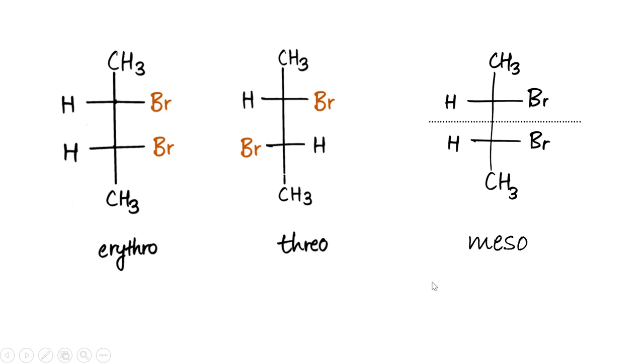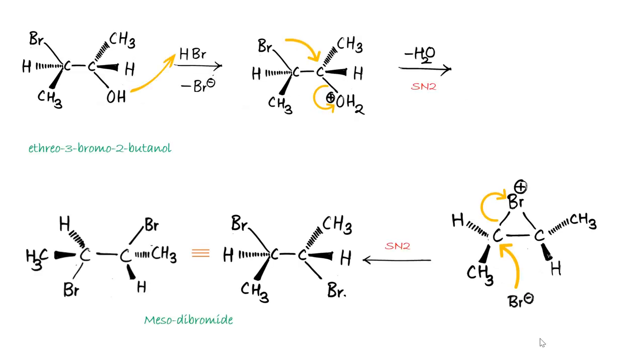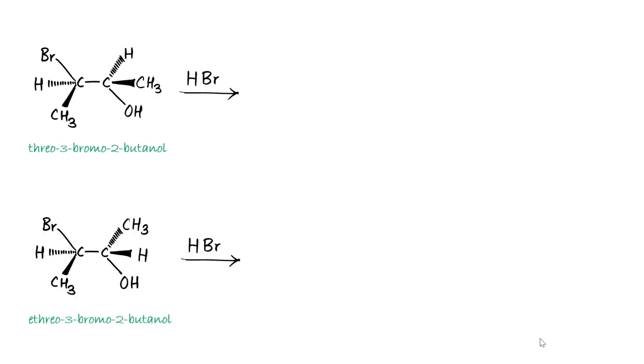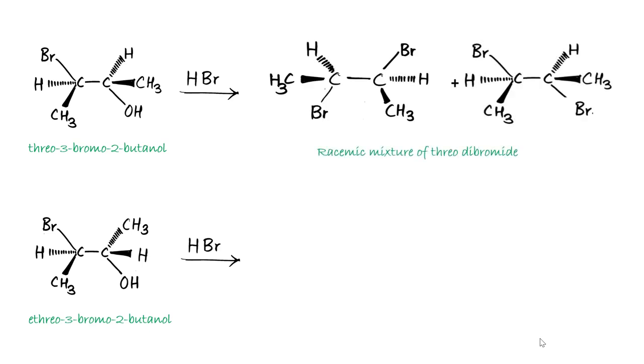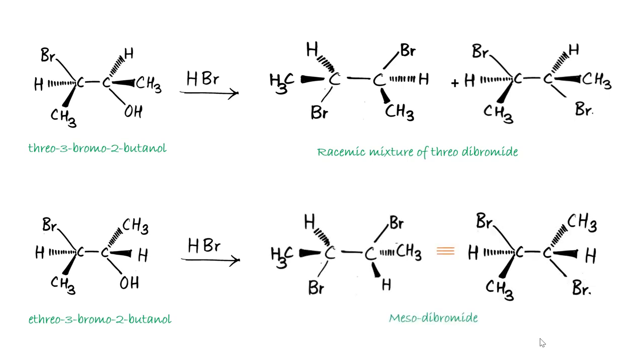And in our reaction, we are getting meso products. So when erythro 3-bromo 2-butanol is treated with HBr, we are getting meso dibromides. Finally, when we treat threo 3-bromo 2-butanol with HBr, we are getting a racemic mixture of threo dibromides, and when we treat erythro 3-bromo 2-butanol with HBr, we are getting meso dibromides.